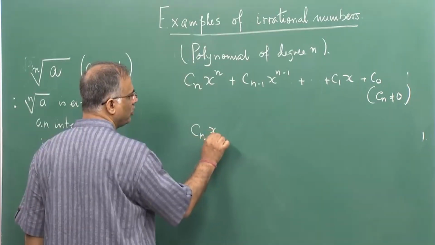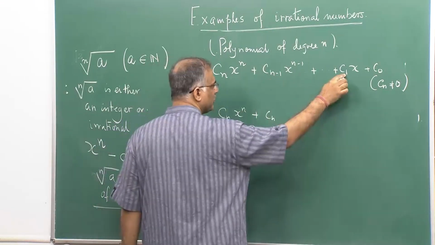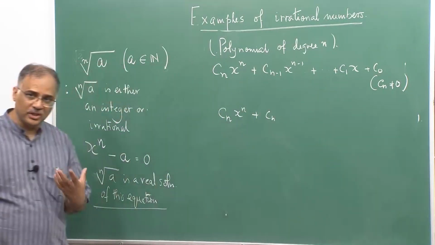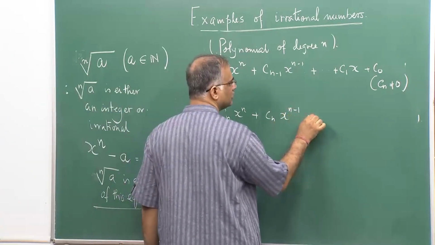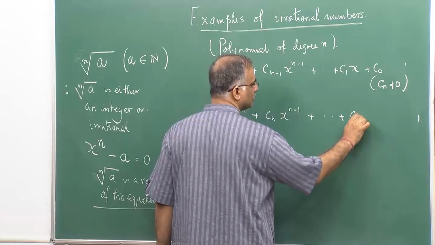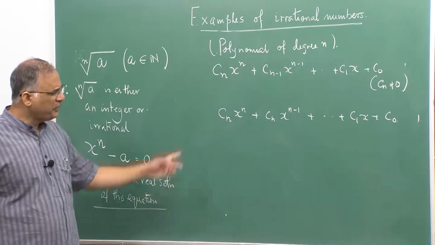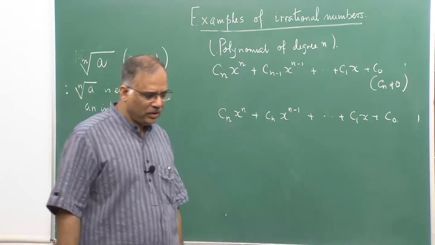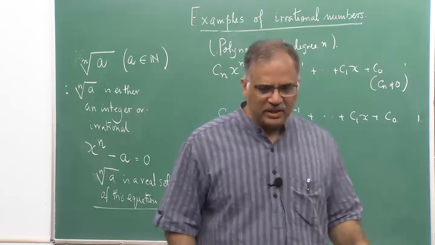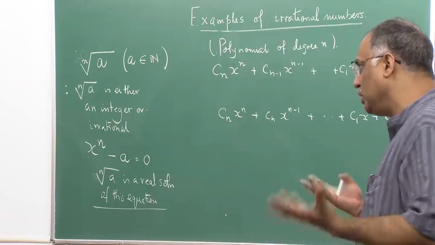Look at the following polynomial equation, and these numbers Cn, Cn minus 1, C1, C0 are called coefficients. These coefficients, for the time being, we take to be integers. You can always replace integers by rational numbers. I will ask you to have fun by checking why you can do so.